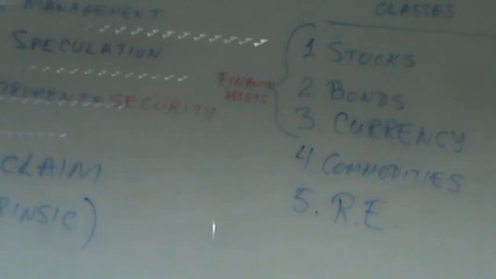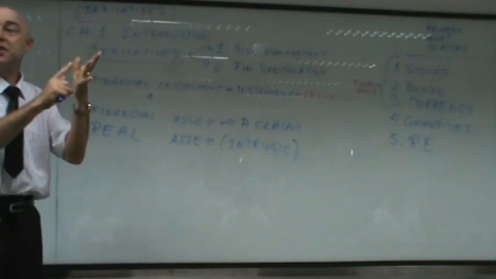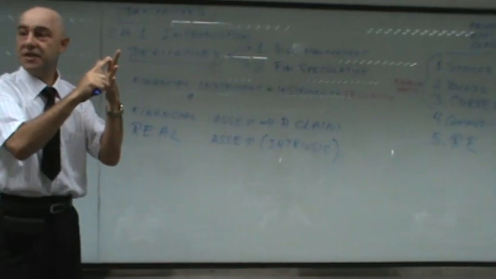Remember how I wrote here that assets are classified into financial and real. The main financial assets are stocks, bonds, and currencies.